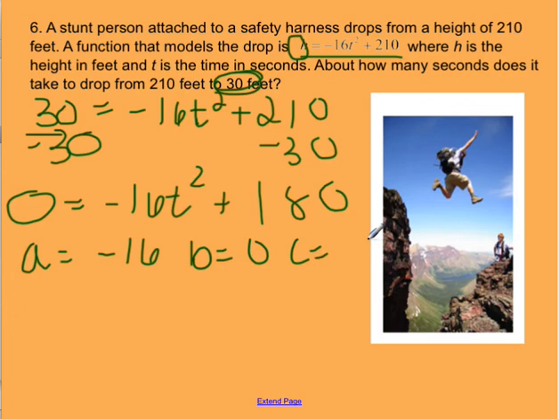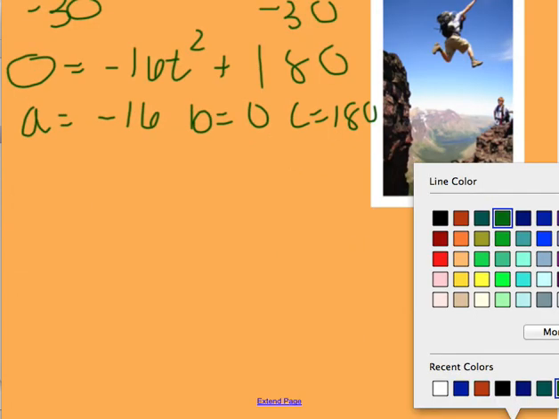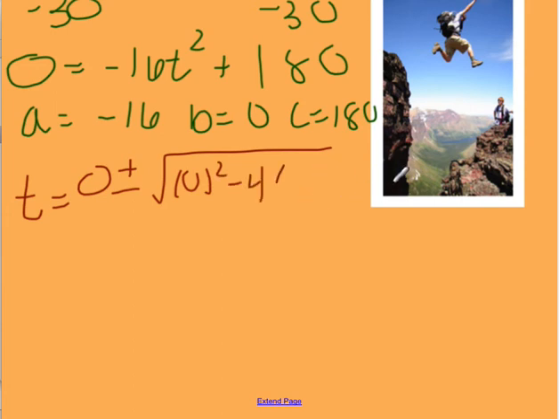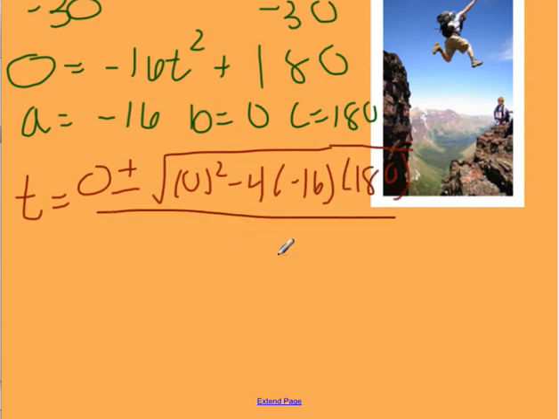Okay, so now I'm going to at least get the quadratic formula set up for you. So we're going to do T. So T is equal to the opposite of B plus or minus the square root of B squared minus 4 A C, all of that over 2 times A. So again, you want to simplify underneath this radical first.